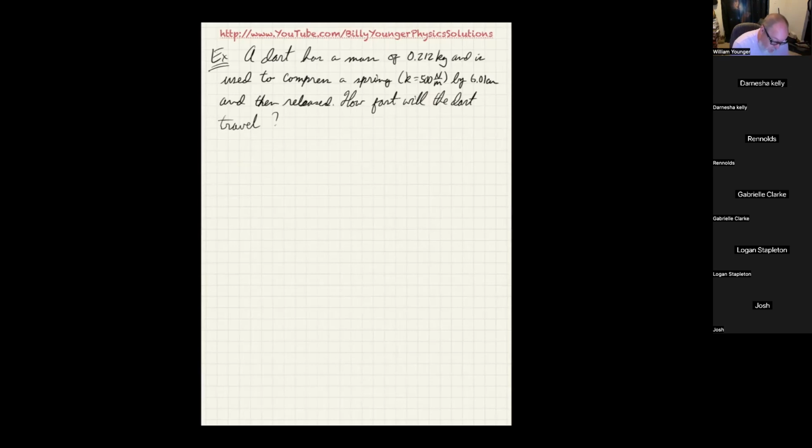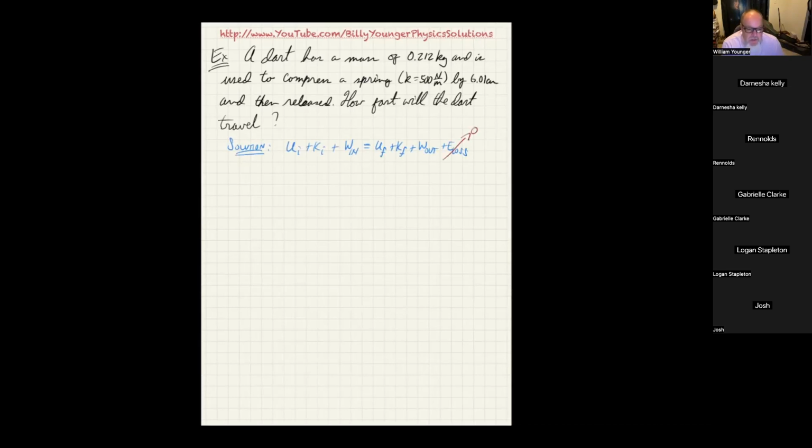So this is another one where we can use what I like to use for the conservation of energy: U initial plus kinetic energy initial plus work in is equal to U final plus kinetic energy final plus work out plus E loss. In this case, we don't really have any friction losses, so I'll leave that 0.